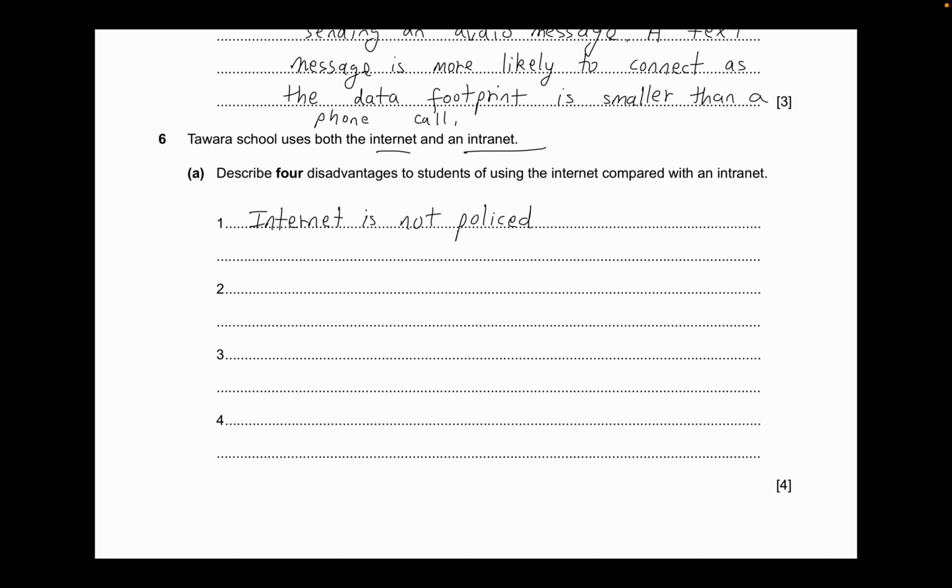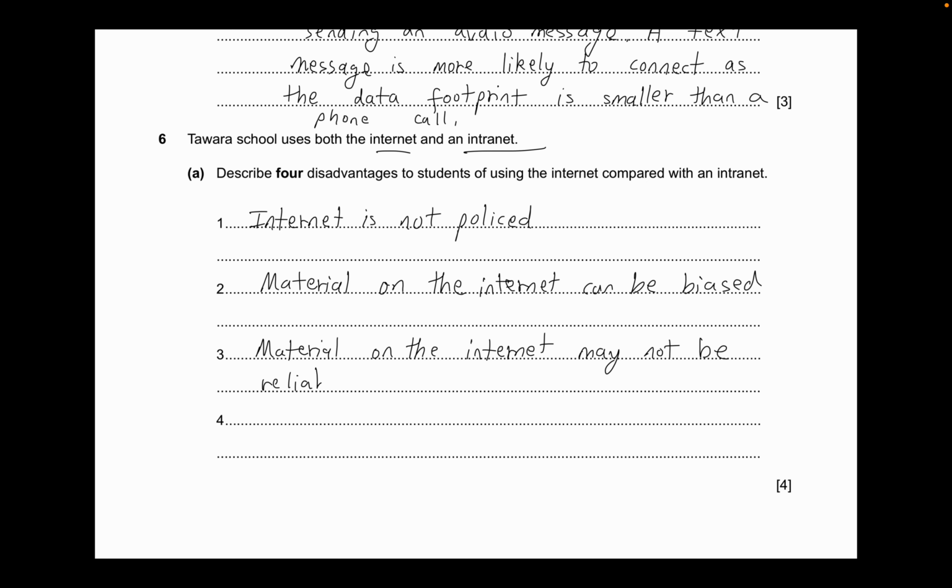Then the next part is that the material on the internet can be biased. The third point is that the material on the internet may not be reliable. Okay, it might not suit some people's needs.